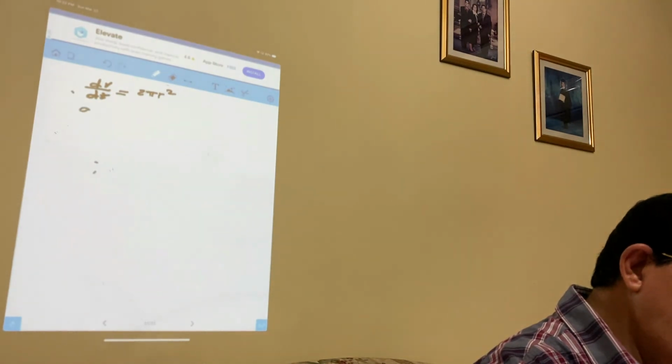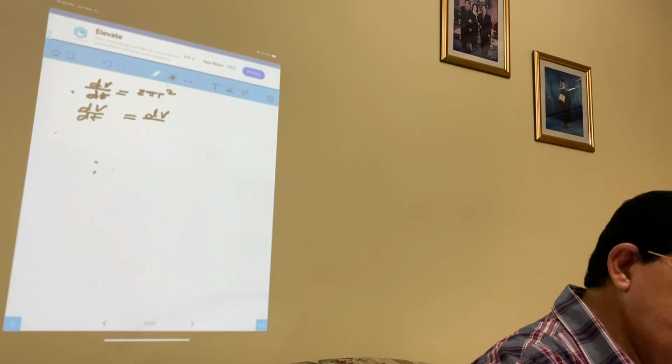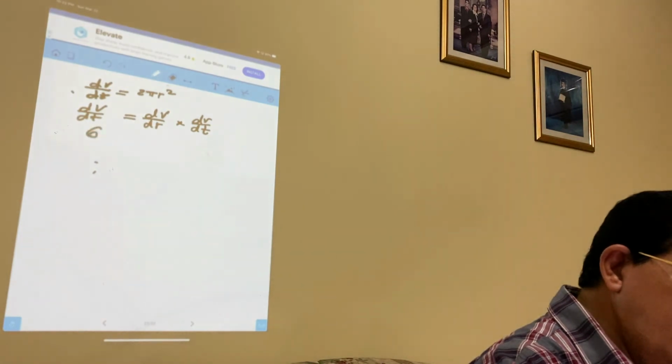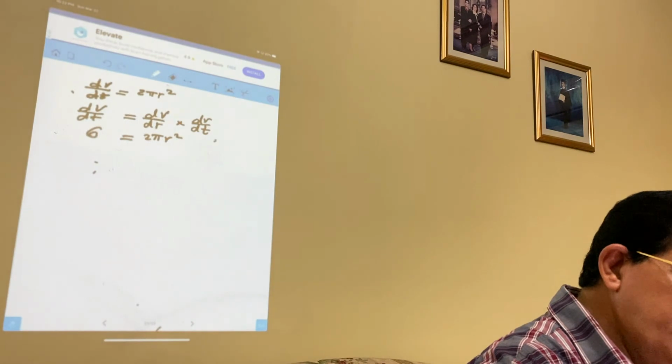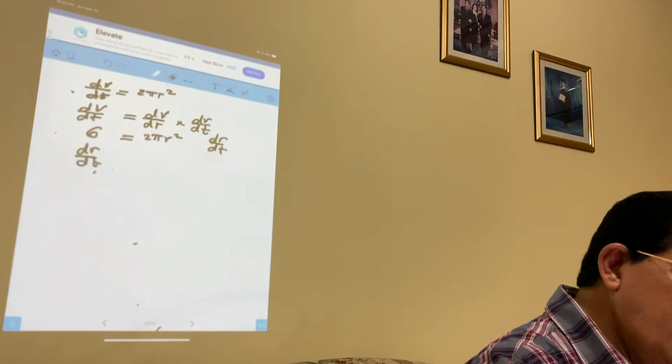Therefore, dV by dt equal dV by dr times dr by dt. Well, given dV by dt is 6 equal 2 pi r square dr by dt. Therefore, the value of dr by dt equals 6 over 2 pi r square.